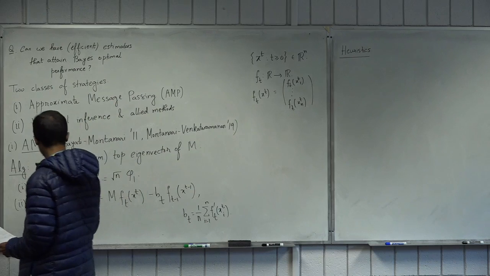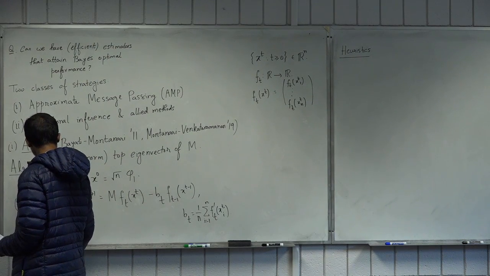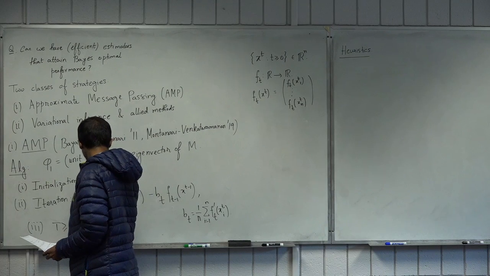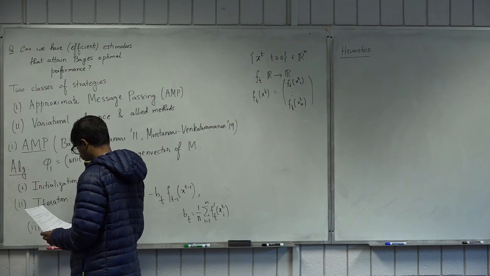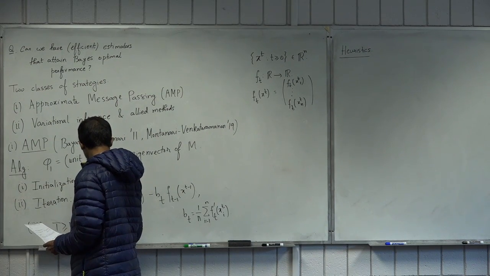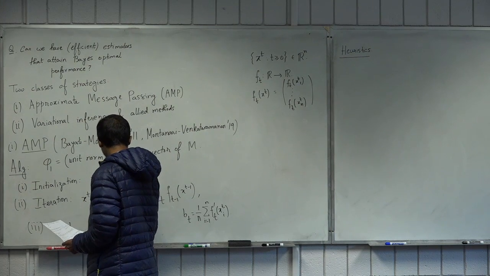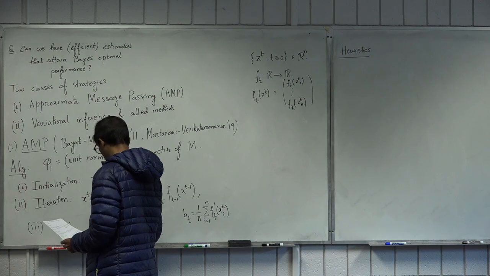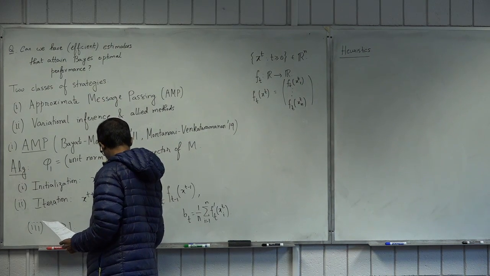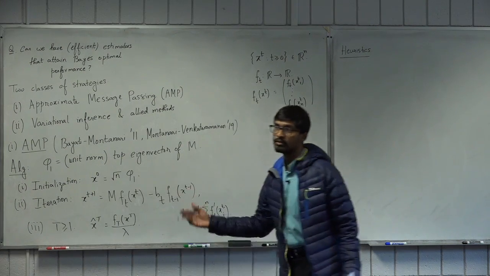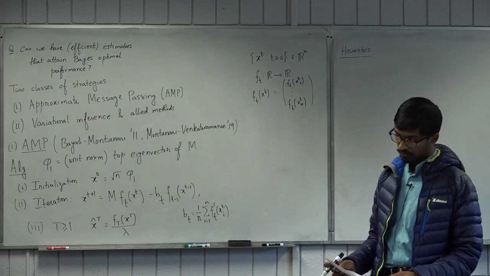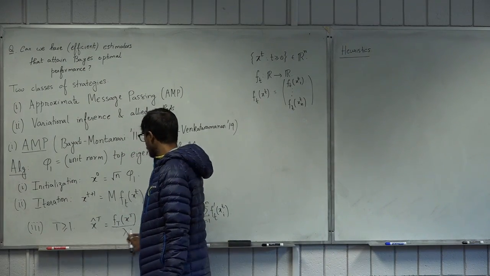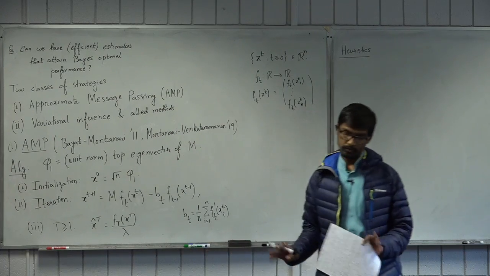And the output is that, if you run it for some t iterations, then you define your x hat t to be basically ft of xt divided by lambda. So you run this iteration for some big T number of steps, and then this is your output. Okay.